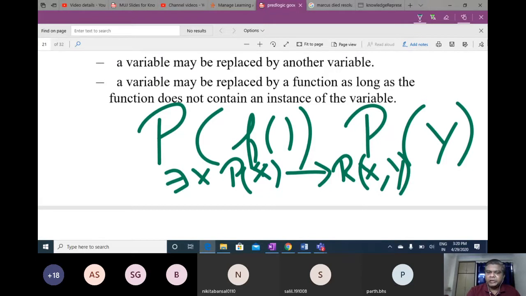When do we replace the quantified variable by a constant, and when do we replace it by a function?